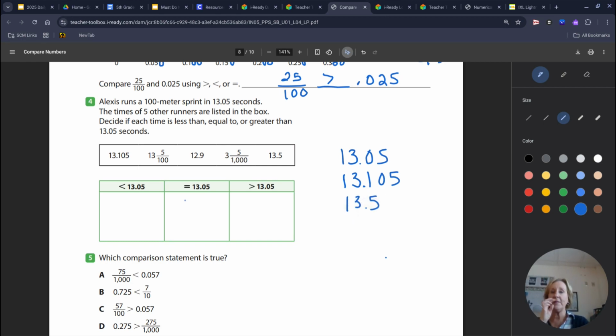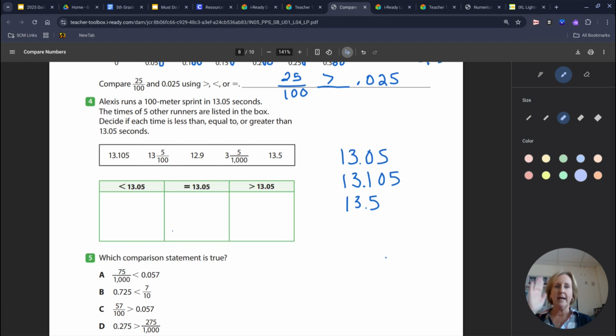Now the cool thing is we don't really have to think about who won, even though this is a seconds type of running situation. We just have to compare each of those numbers in the box to 13 and 5 tenths. So it's either going to be less than that, equivalent to that, or greater than that. Right now, I'm going to switch to my highlighter.